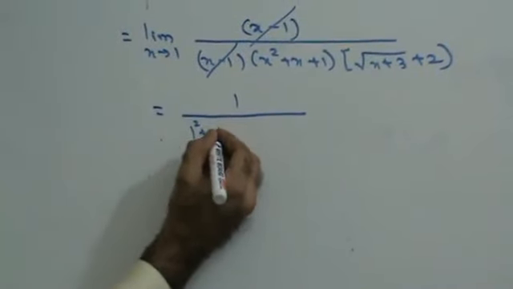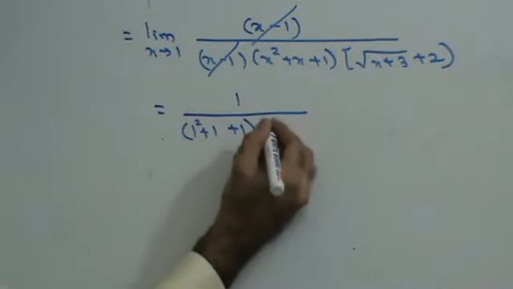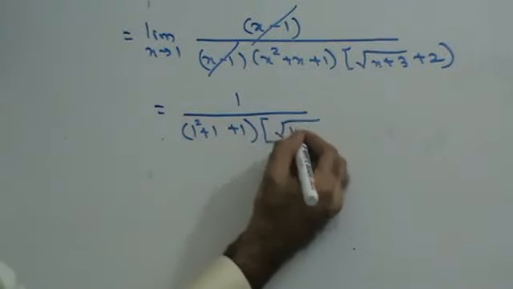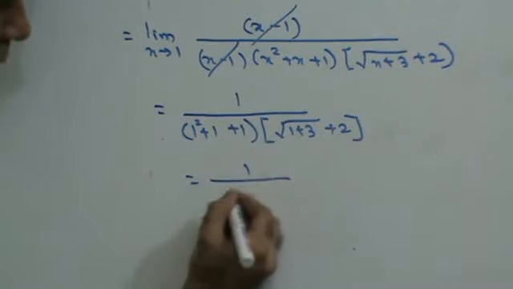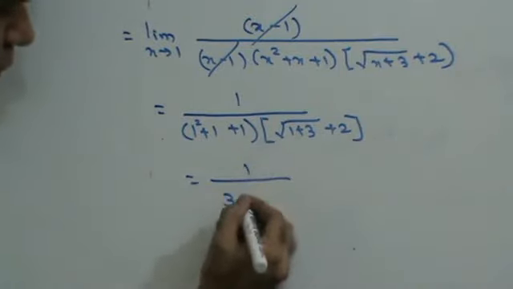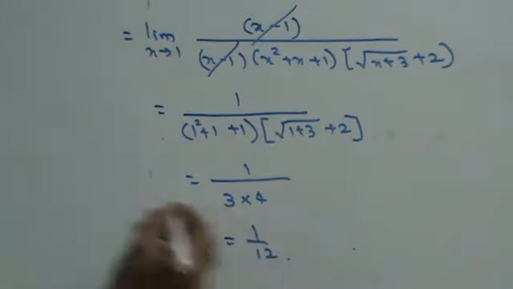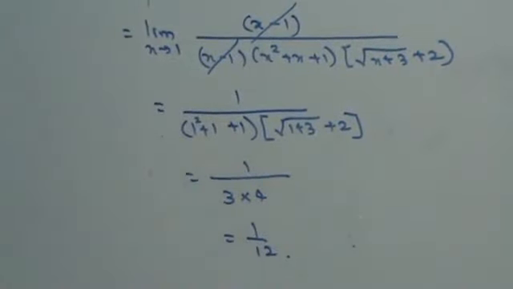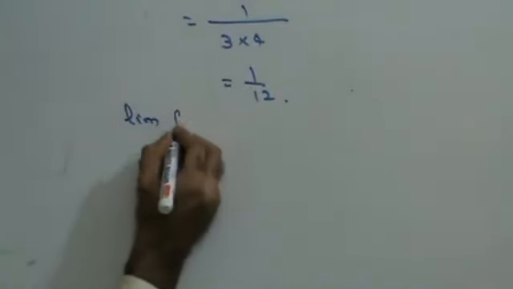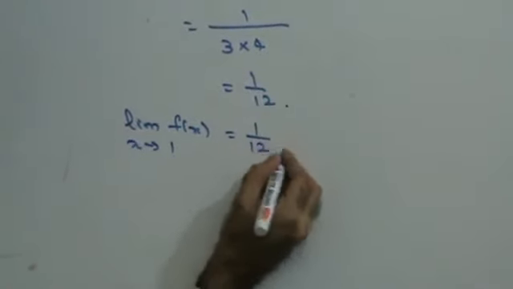Once you cancel in the numerator and denominator, you can substitute the value. 1 square is 1 plus 1 plus 1 into square root of 1 plus 3 plus 2. So this is 1 upon 3, square root of 4 is 2, 2 plus 2 is 4, answer is 1 upon 12, right? So you have found out that limit of f of x as x tends to 1 is 1 upon 12.